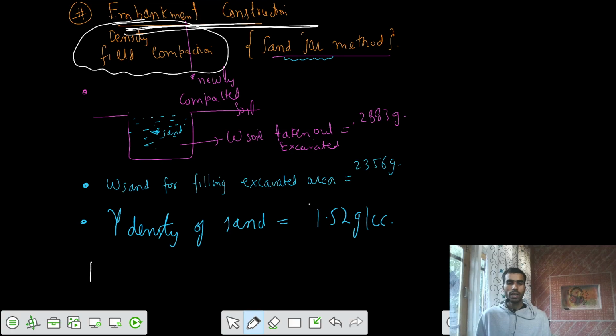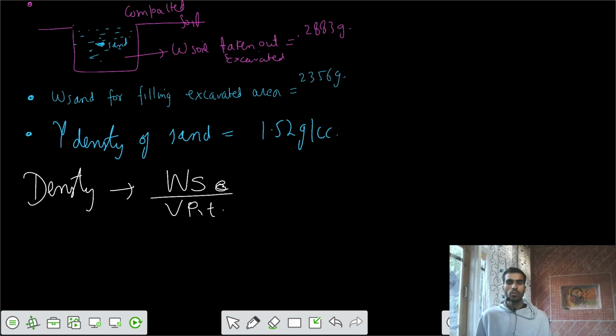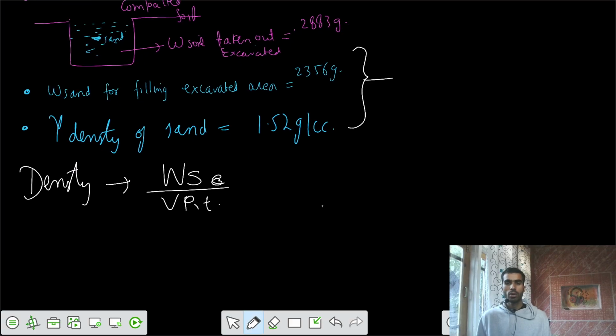So let's calculate the density of the soil. That can be calculated as the soil weight taken out divided by the volume of the pit. What is the volume of the pit? Can you calculate what is the volume that we have excavated? That's actually your 2356 grams weight of the sand divided by density of the sand.